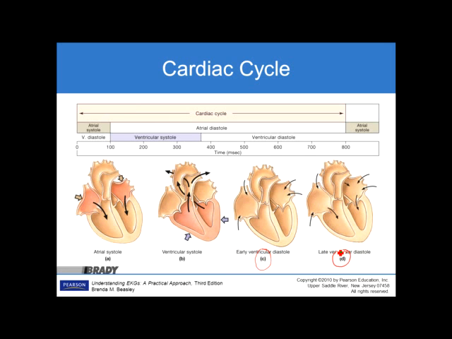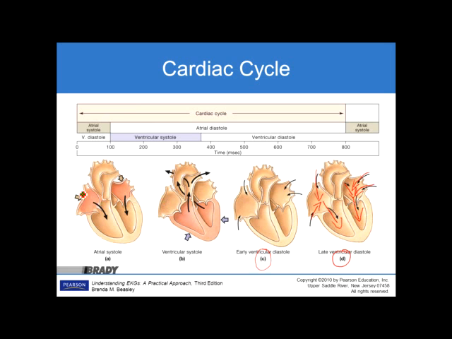Now, in late ventricular diastole, do you see how it's flowing into the atria and then also flowing into the ventricles? Same way, this over here is coming from the pulmonary trunk and is oxygenated, and this is flowing in and then flowing into the ventricles. Now, all this is occurring whenever the ventricles are relaxed or in diastole.